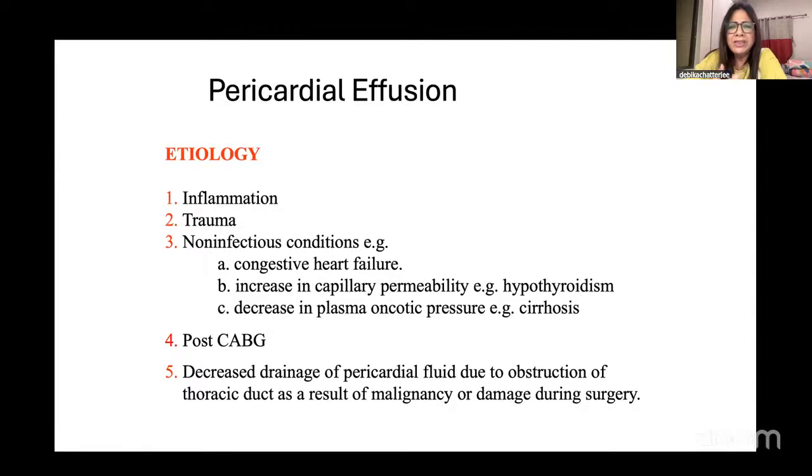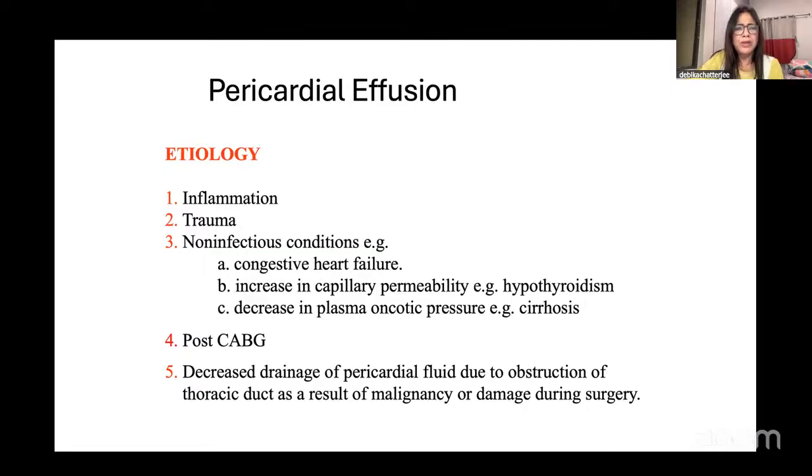Now when this amount of fluid increases, we say pericardial effusion, the etiology of which may be different, like inflammation, trauma, non-infectious causes like congestive heart failure, hypothyroidism. It may happen post-CABG or in a case of malignancy.